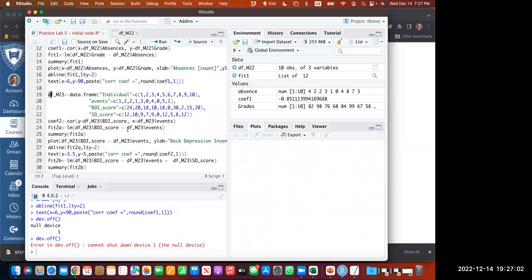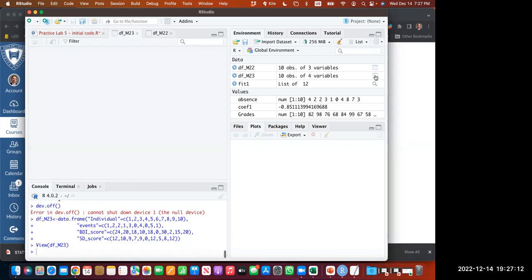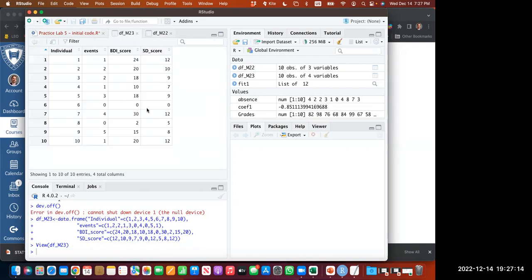Okay, lines 19 to 22 are now creating an additional object, which essentially is now the same as we had in Excel, including the sleep disturbance score.